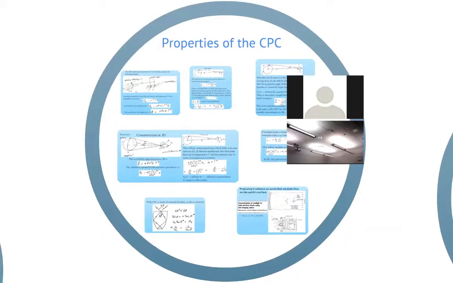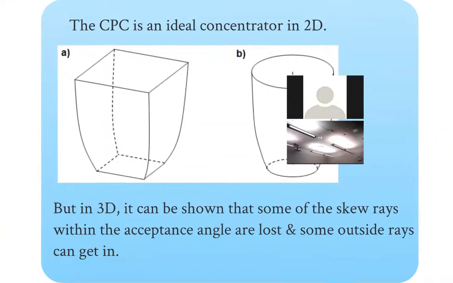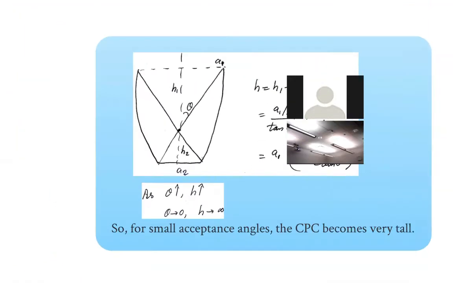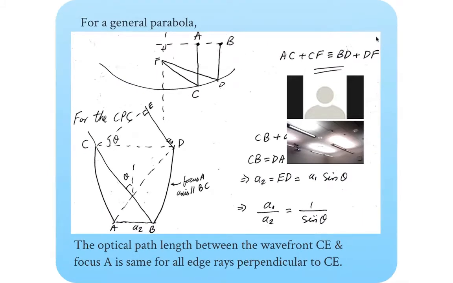Today our goal is to delve a little deeper into the details of the CPC. In the last class, just to review, which is somewhat important, we looked at these two things. First, in a CPC, the concentration factor, which is defined as the area of the input aperture, this region right here, divided by the area of the receiver, this line right here, is given by 1 over sine of the half acceptance angle.